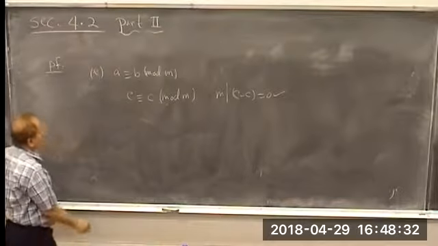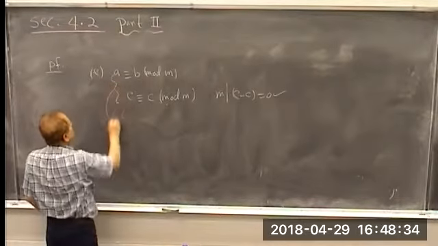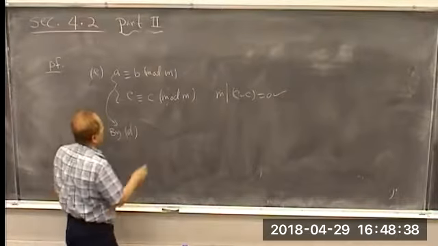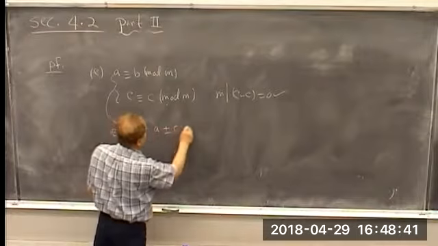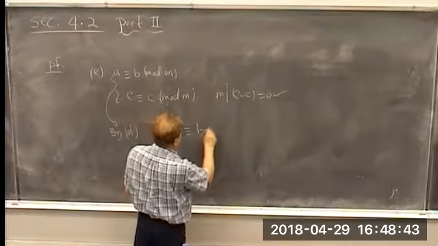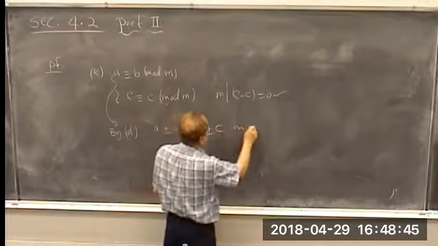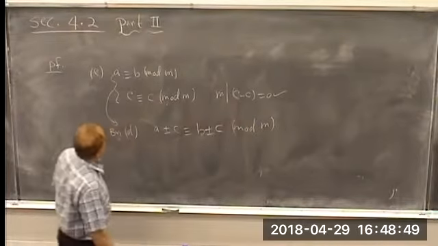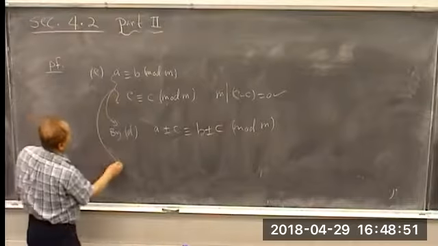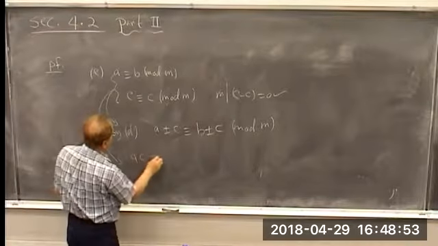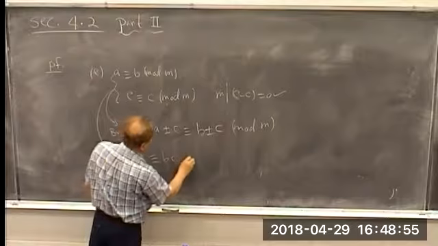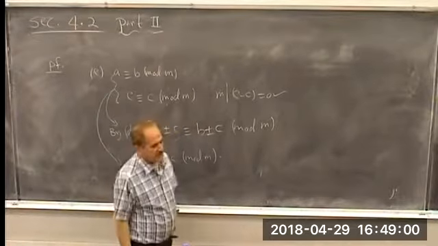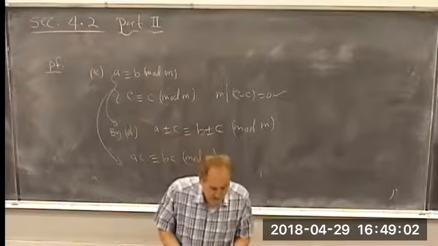All right, so therefore I can use D. We can add or subtract, and we are done. Similarly, we can multiply. So if you multiply these, you get AC is congruent to BC mod M. So yes, this is true for both.